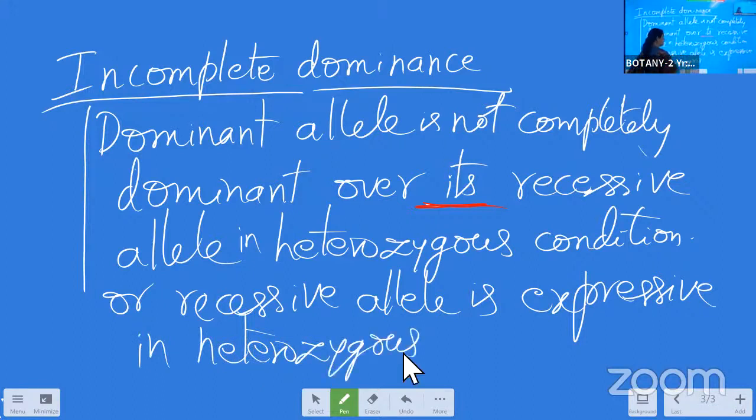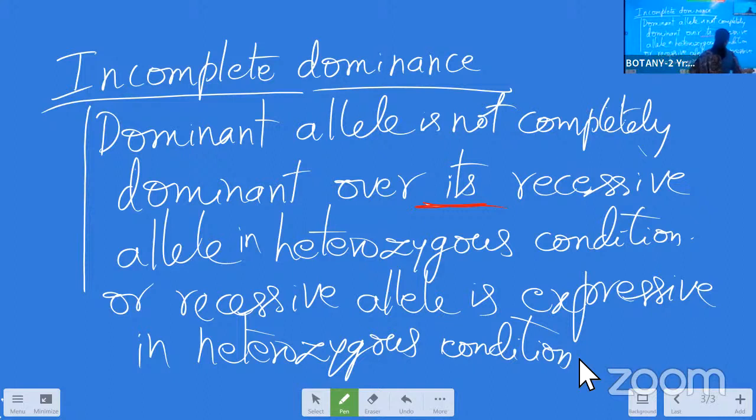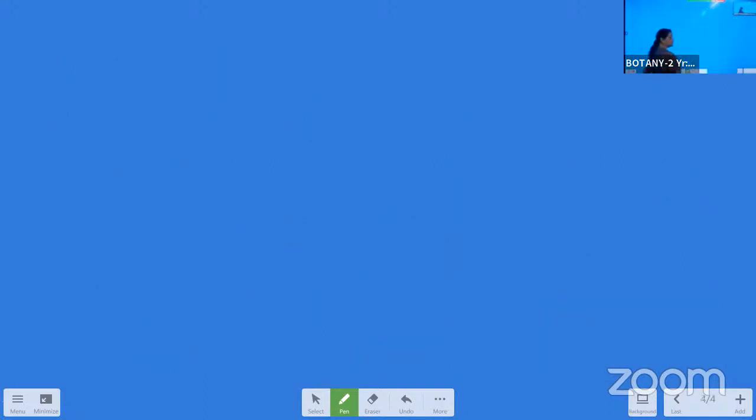Only in heterozygous. In the homozygous, it will always exhibit its characters. In the heterozygous only, it matters how it is expressing and which gene is expressive. Now, in which organisms will we see the variation? This incomplete dominance is a variation from Mendel's laws.